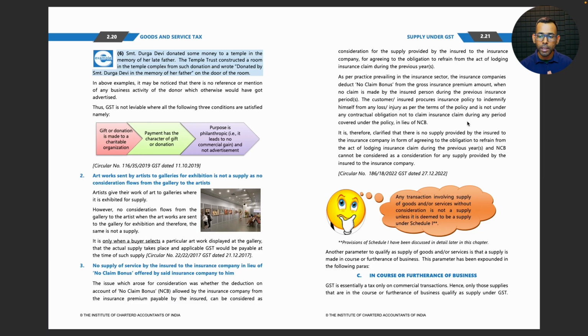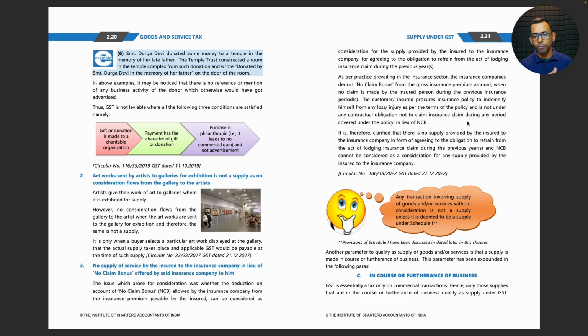I don't have any compulsion to particularly not claim insurance. That would defeat the whole purpose of insurance, isn't it? I don't know whether I will have a problem or not. If I have a problem, I'm definitely going to claim insurance. So the contractual obligation I don't have on my part as a customer. I can claim or I cannot claim.